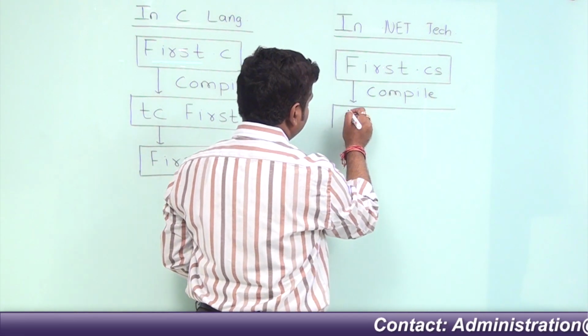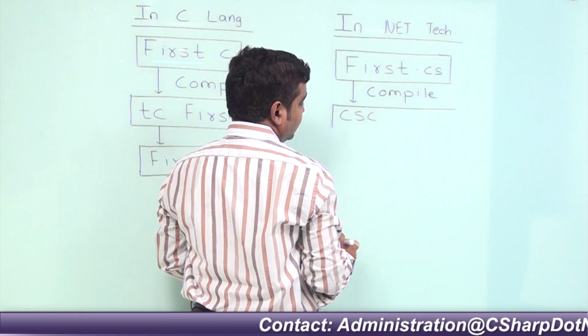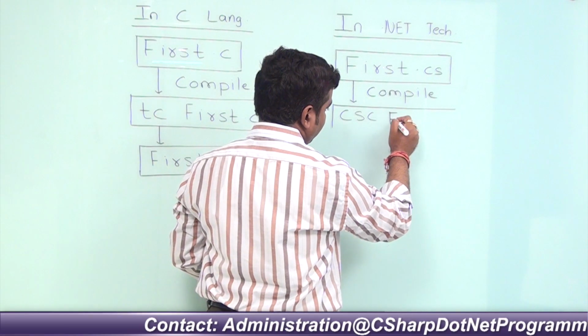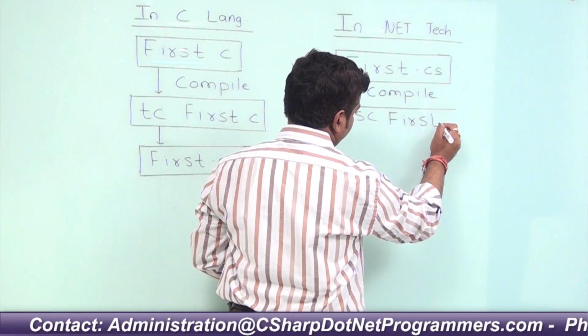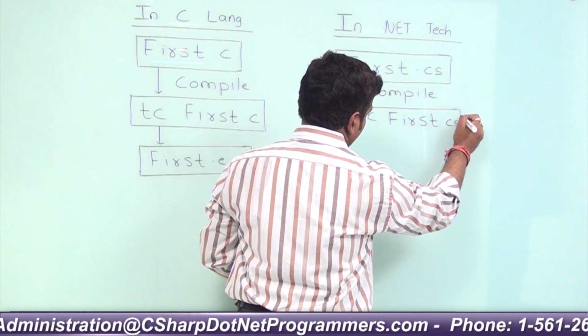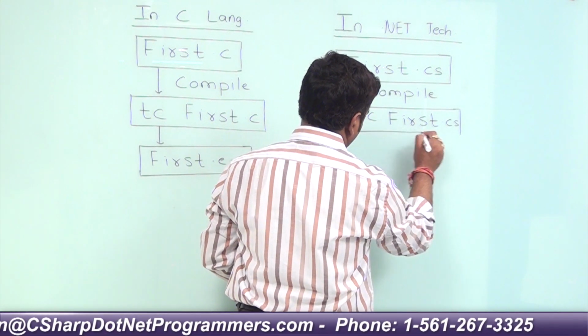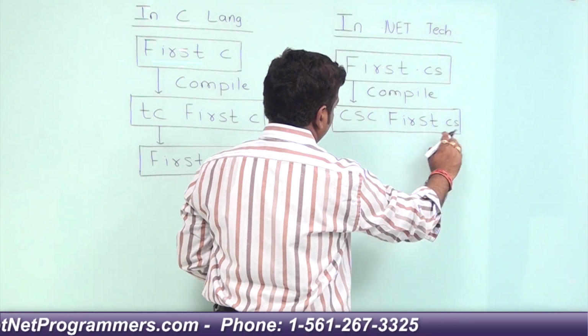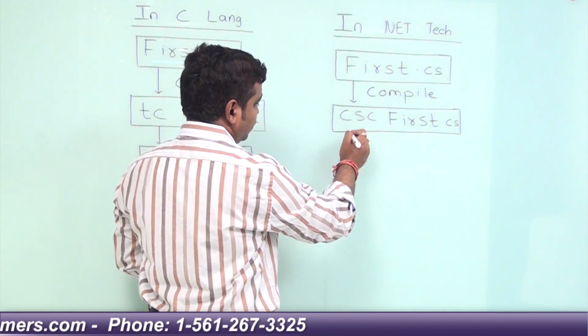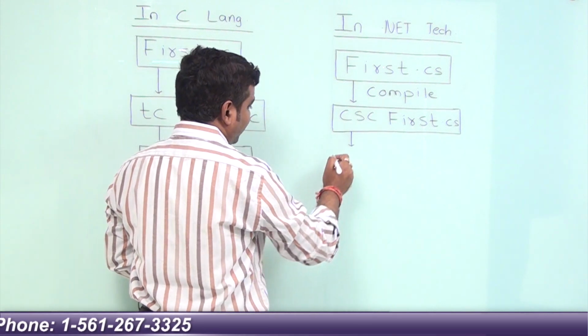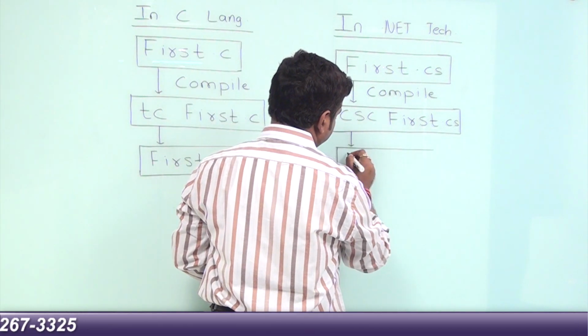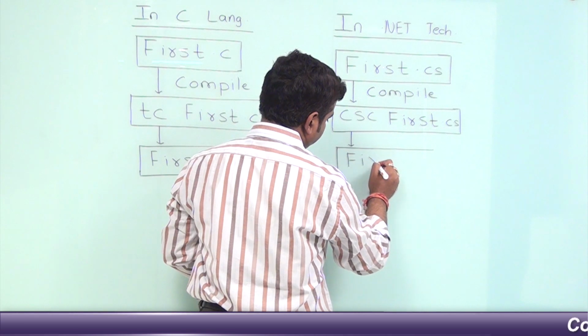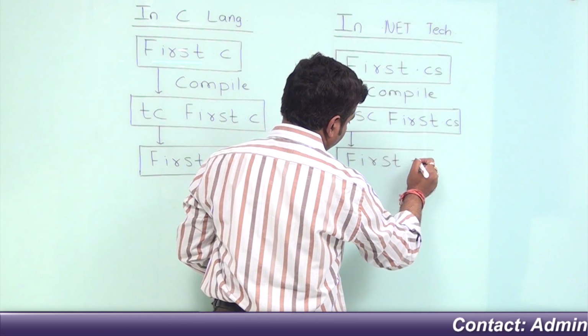The compiler for the C# program will be CSC, and I just say csc first.cs. Once I do that, we get a file with the name called first.exe.